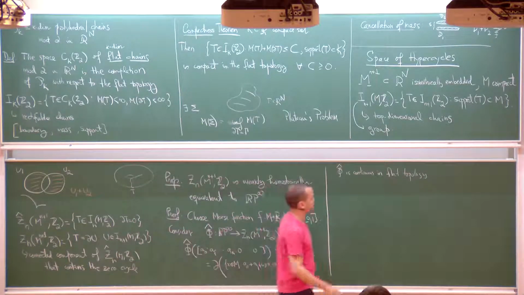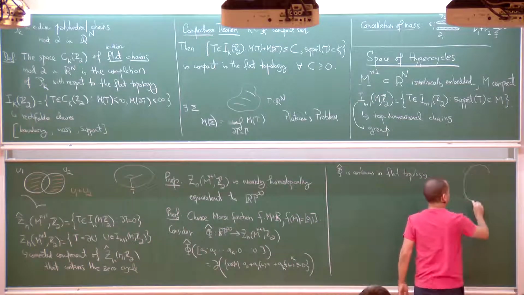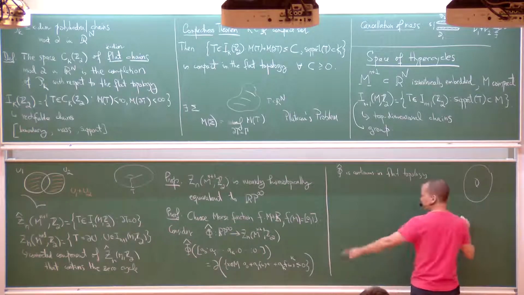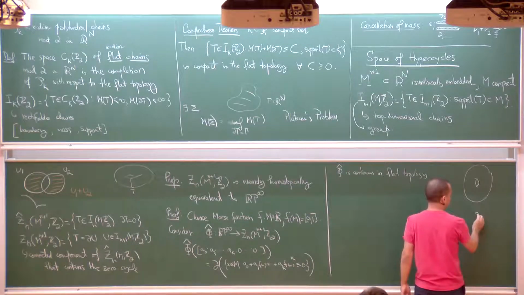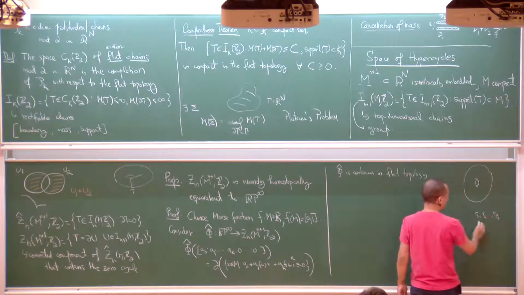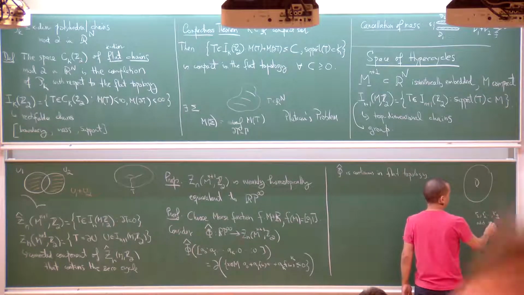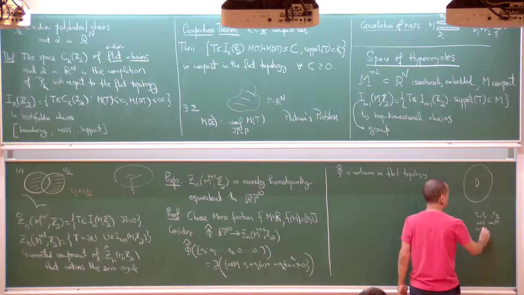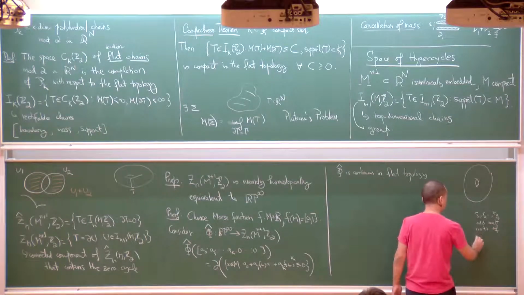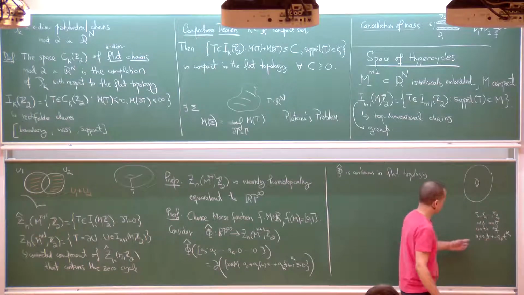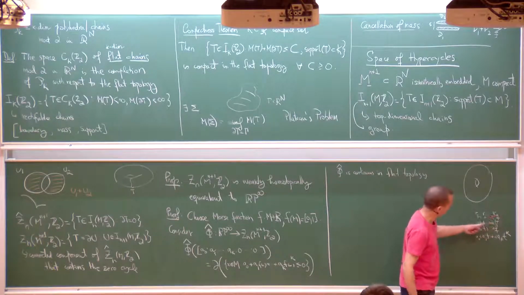If this is the picture of my manifold M, and these guys are the odd multiplicity roots of the polynomial a_0 plus a_1 t plus a_k t to the k, you take those with odd multiplicity.